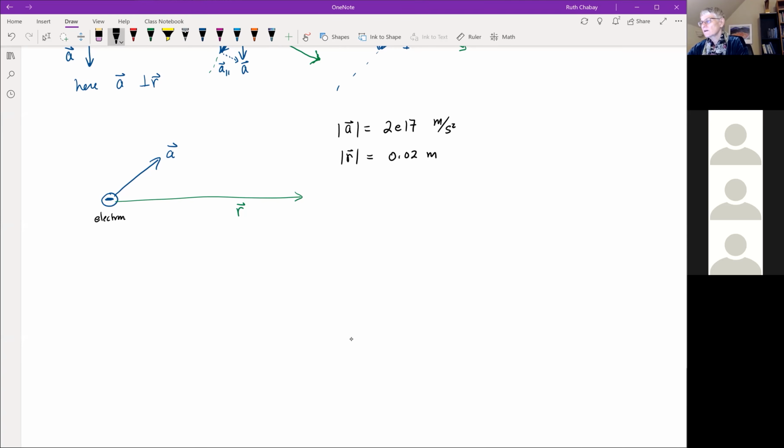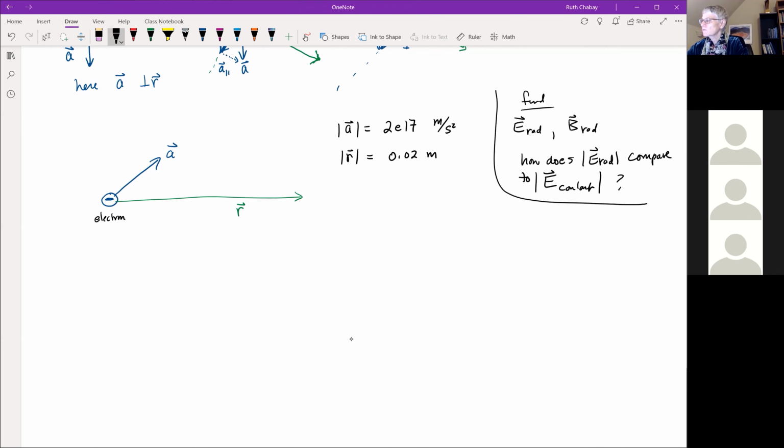So what we want to find is the radiative electric field, the radiative magnetic field. And then we also want to find how the magnitude of the radiative electric field compares to the ordinary Coulomb radial electric field.